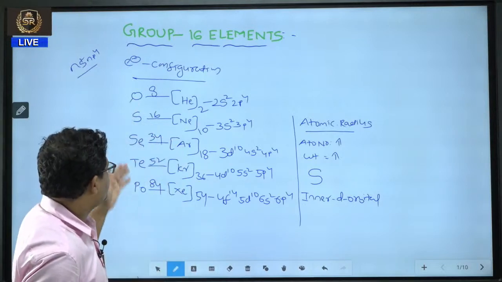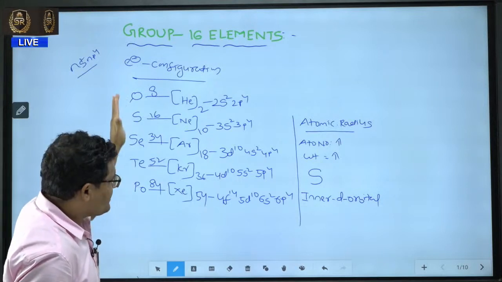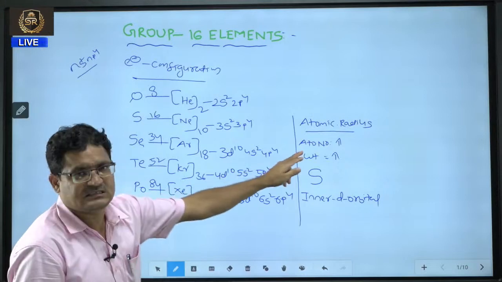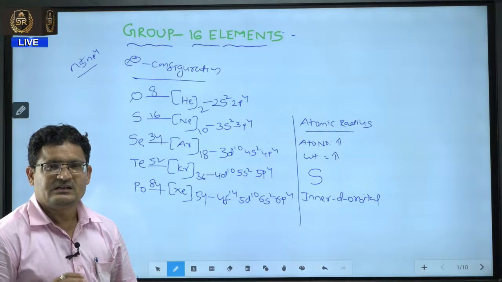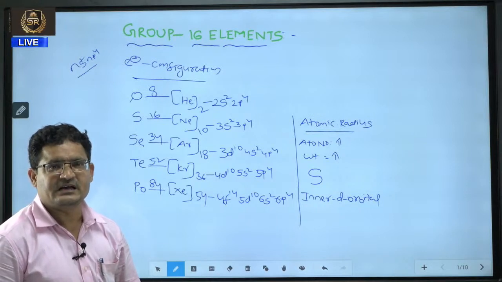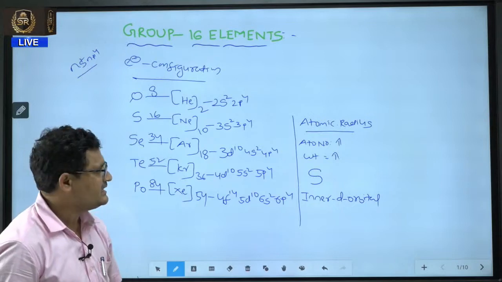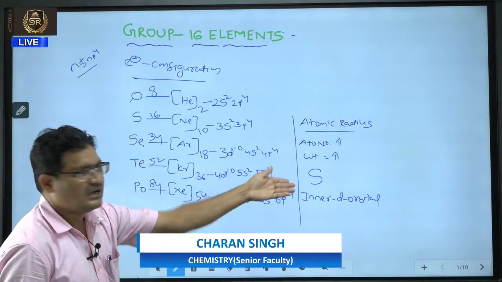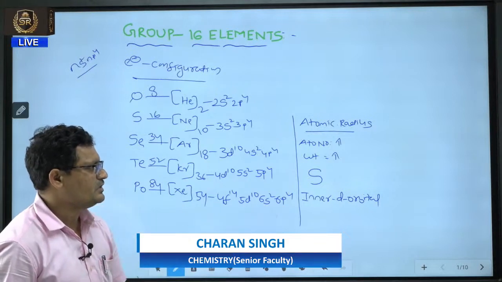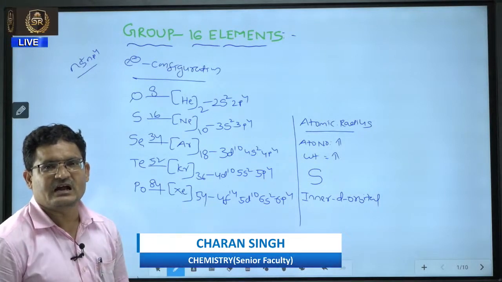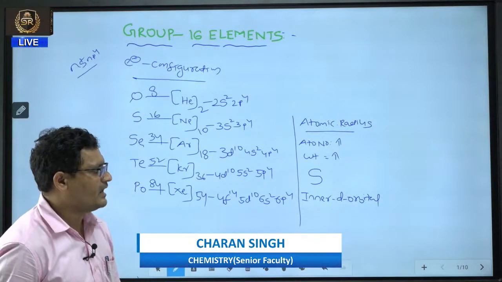From top to bottom atomic number increases: 8, 16, 34, 52, 84. Atomic weight also increases.